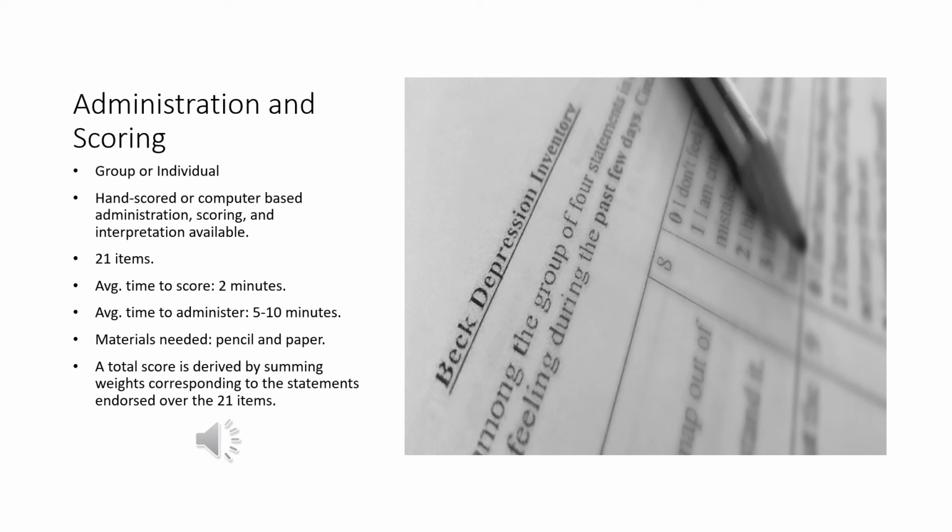If the examinee feels that more than one statement within a group applies, he or she is instructed to circle the highest weighting among the applicable statements. A total score is then derived by summing the weights corresponding to the statements endorsed over the 21 items.